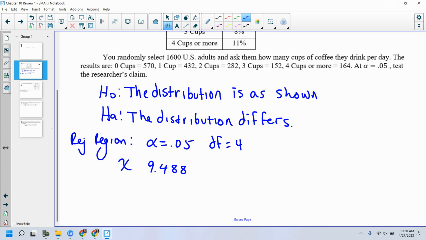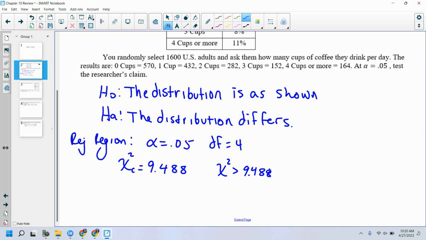That's our chi-squared critical value, right? Now, the chi-squared test is always a right tail test. So that means that our rejection region is when chi-squared turns out to be greater than 9.488. If that is true, then we can reject the null, right?